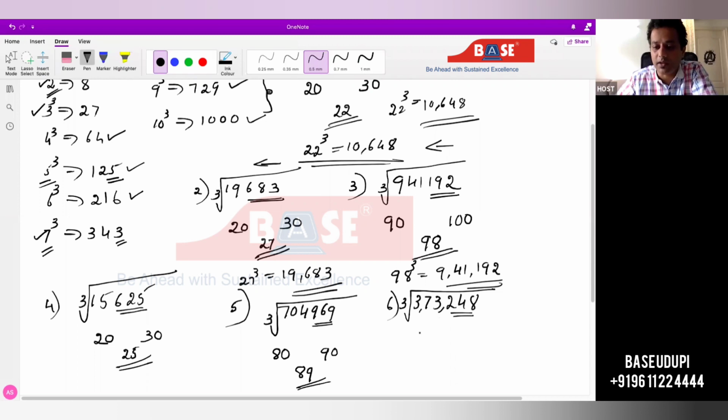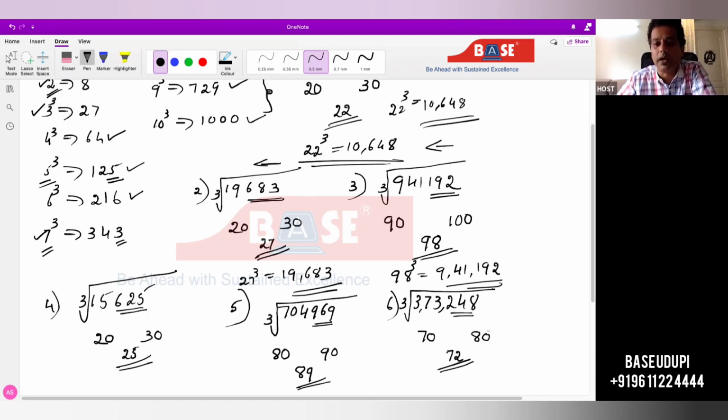So 373 is obviously more than 7 cube. So it is between 7 and 8. And the next step is always 0 on the right hand side. So the answer is between 70 and 80. Any number ending with 8, the answer should end with 2 only. Between 70 and 80, the only number which ends with 2 is 72.